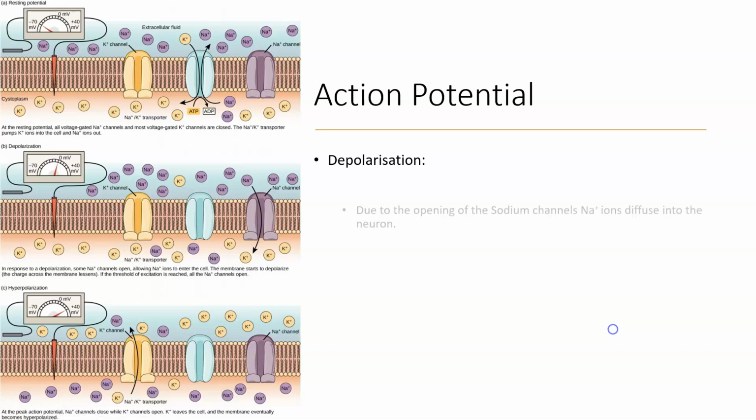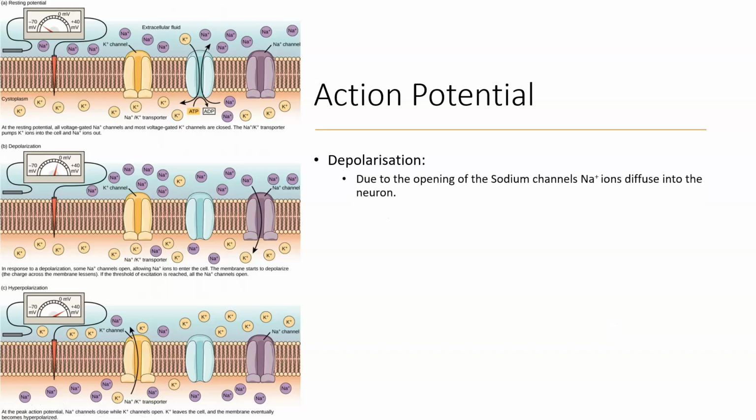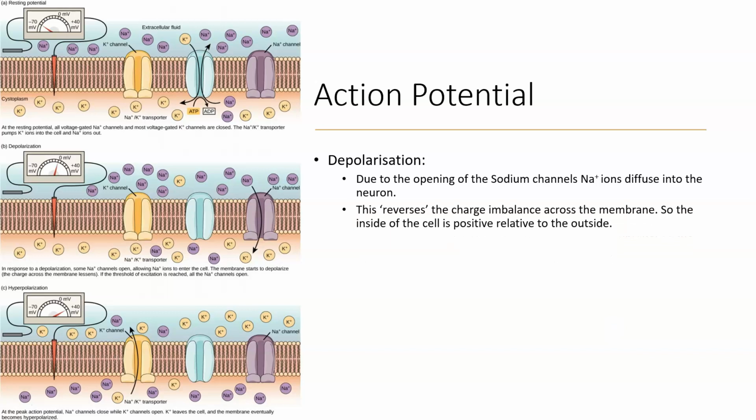Let's have a look at depolarization. So due to the opening of the sodium channels, sodium ions diffuse into the neuron. Remember, all the sodium was out at that stage. Now we're letting it in, like at the start of that diagram before. This reverses the charge imbalance across the membrane. So inside the cell now becomes positive compared to outside the cell.